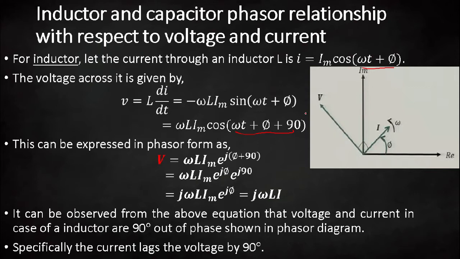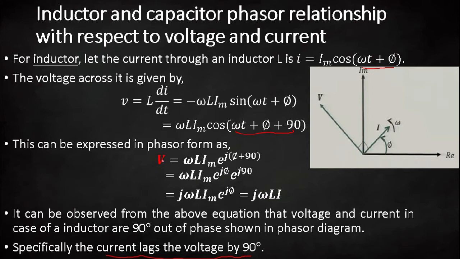So the 90 is added, and the phase displacement between voltage and current is 90 degrees. So the voltage and current are out of phase, and the phase shift is 90 degrees. Okay, so we can say that the current lags the voltage by 90 degrees.